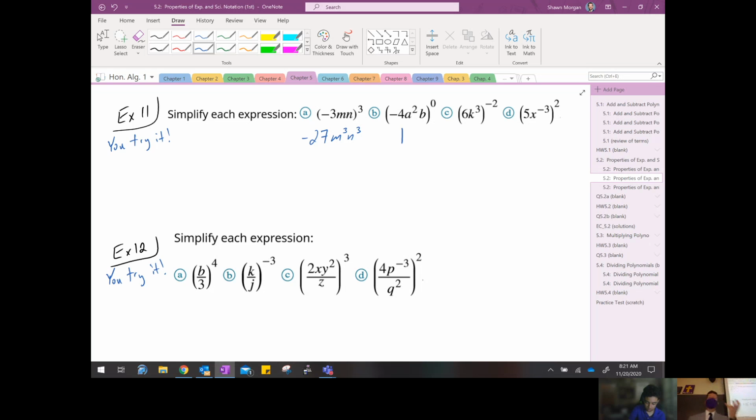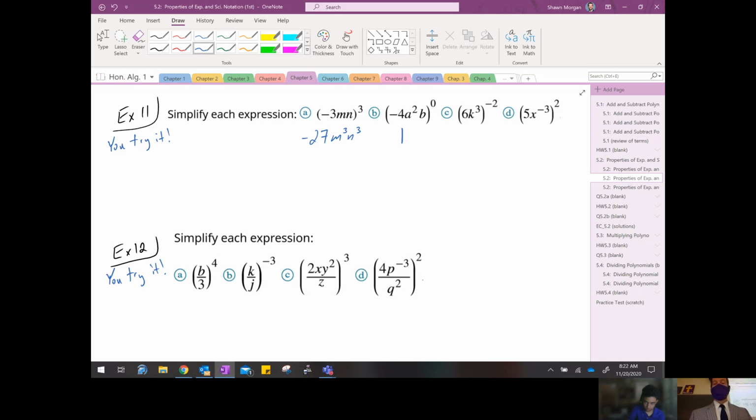Colton, make a note that anything raised to the 0th power, other than 0, is equal to 1. I don't care if it's 5 to the 0, 11 to the 0, -42 million to the 0. If you've got something raised to the 0th power, other than 0, it equals what, class? 1. It is the loneliest number that you'll ever see.